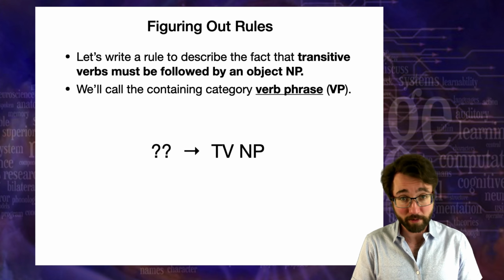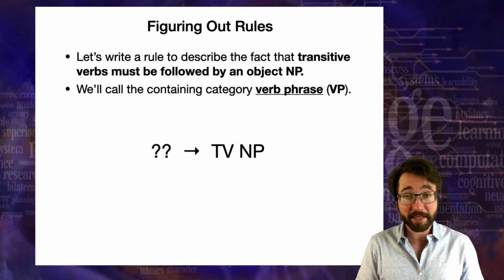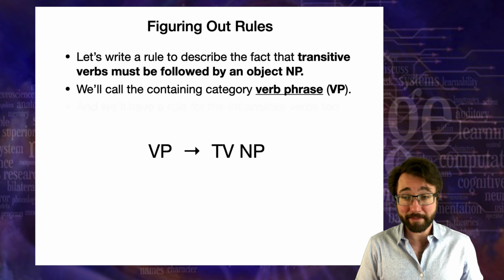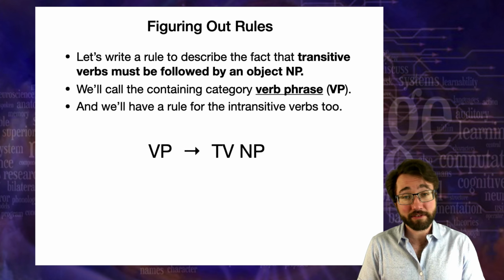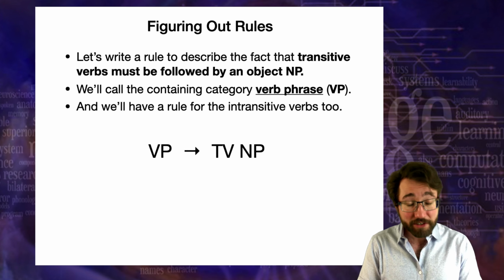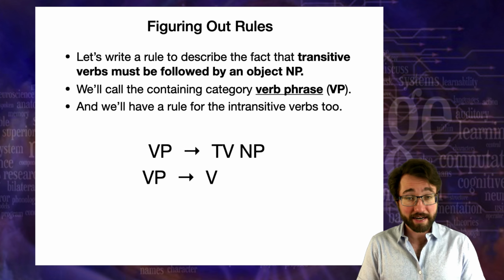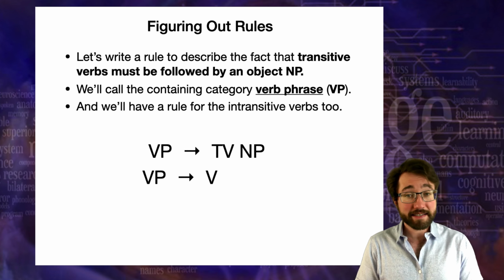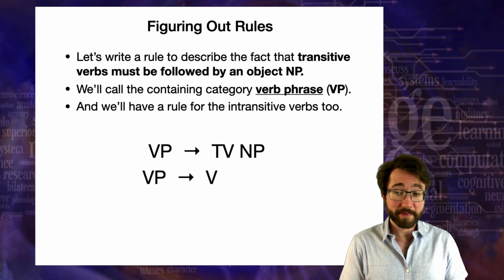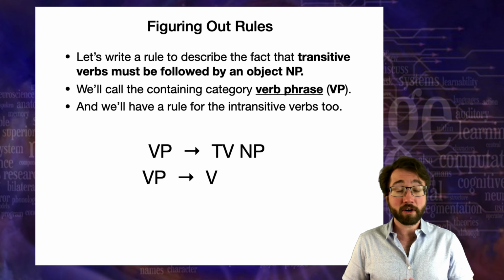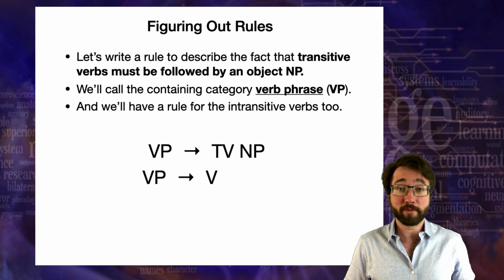And we're going to call that a verb phrase, or VP. So we have that the category VP can consist of a TV followed by an NP. And we're going to have a rule for intransitive verbs as well. That would look like this. The category verb phrase, VP, can consist of V. So the verb phrase can consist of a transitive verb followed by an NP, or it can consist of an intransitive verb on its own.